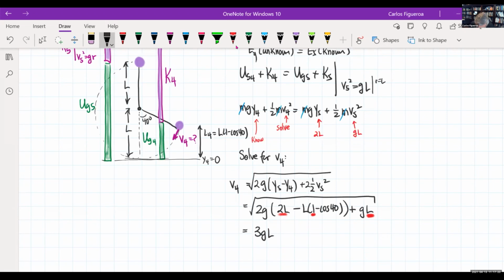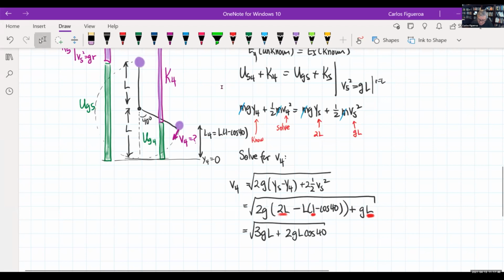And then I have the second term, GL minus minus. So that gives me a plus. So I get 2GL cosine of 40. And then that's my square root right there.